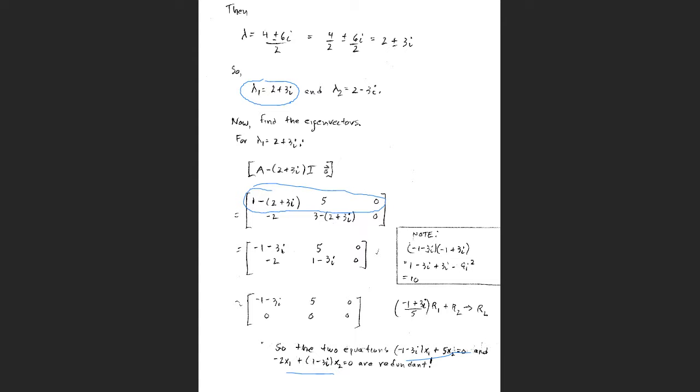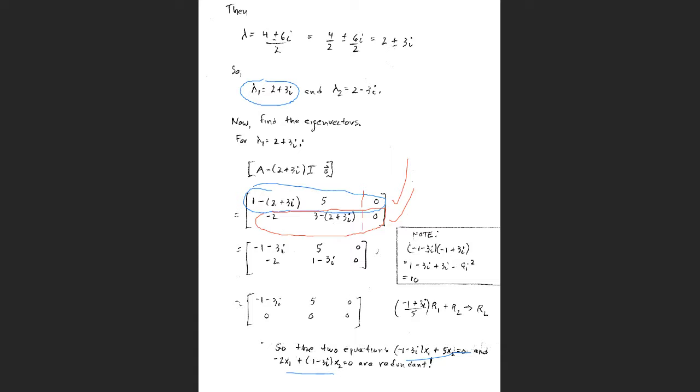And so similarly, when we set up our augmented matrix, the two equations, well, I want to say this the right way. This is maybe not a good analogy. Eventually, you're going to have an intuitive feel for this. What I'm trying to say is, when you have a complex eigenvalue and you're going to solve for your eigenvector, for a 2 by 2 matrix, you have two equations that you're solving for.